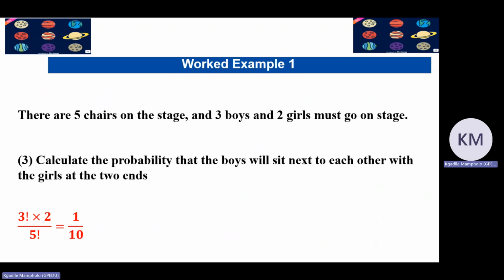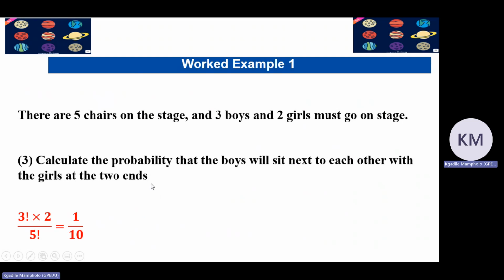This 3 factorial, the boys will sit next to each other, and then the girls will sit next to each other. I think in the statement I can just say, calculate the probability that the boys will sit next to each other at one end, and the girls sit with each other on the other end.